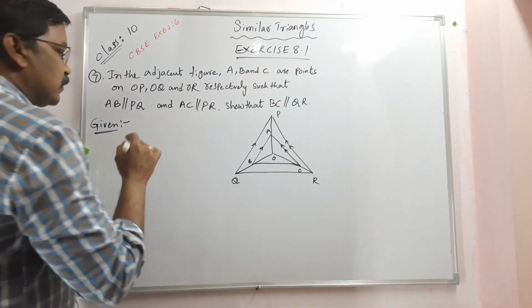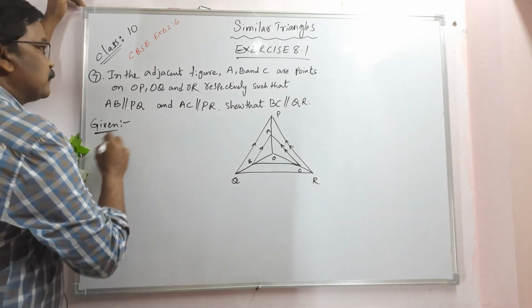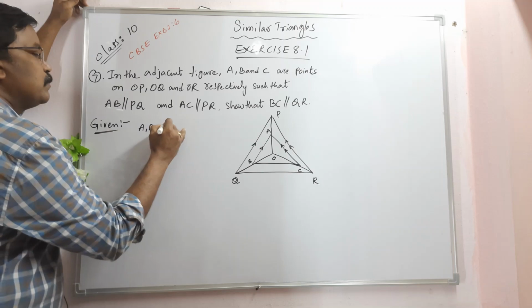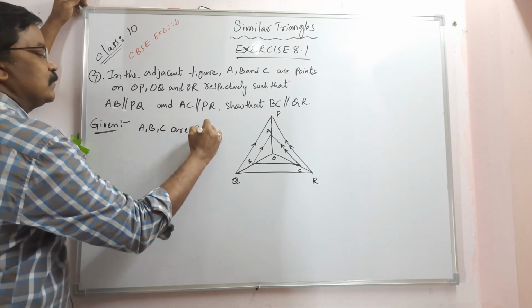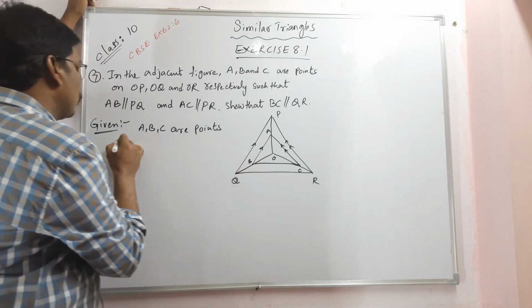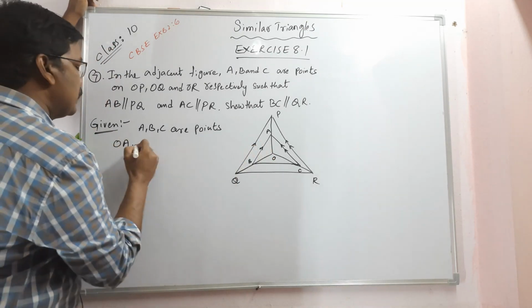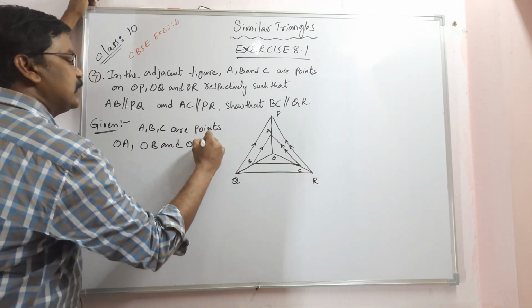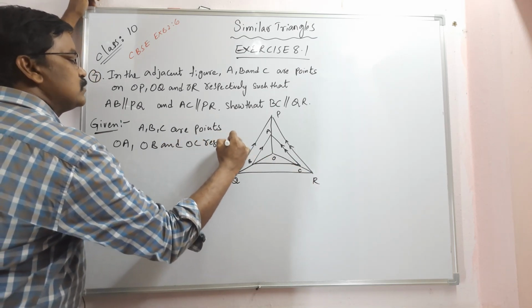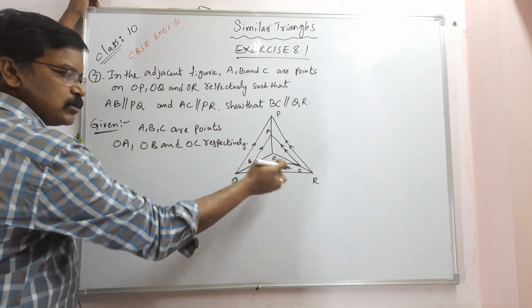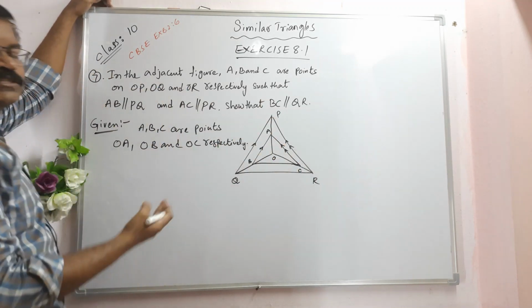Right. What is given, students? A, B, C are points on OA, OB and OC respectively.